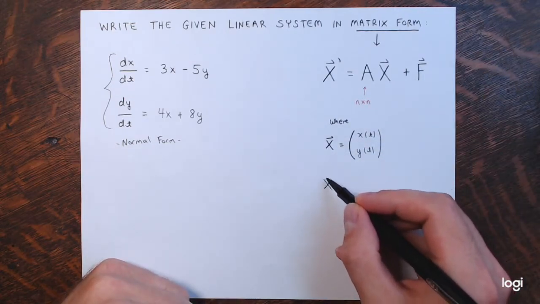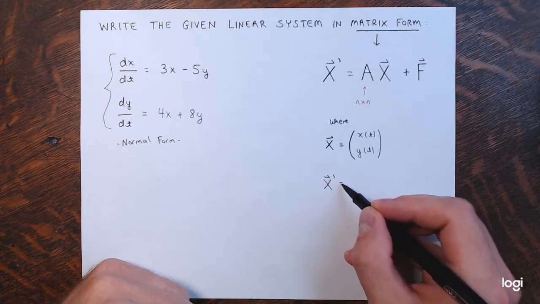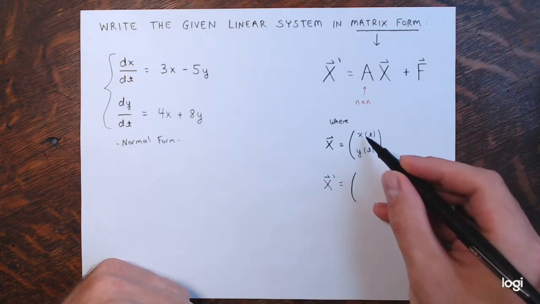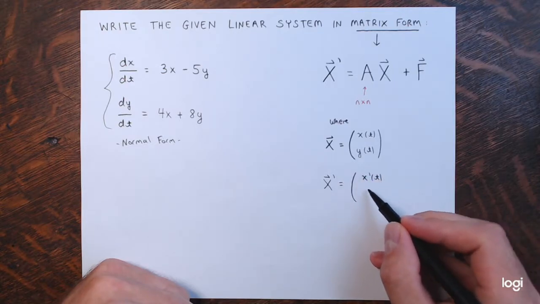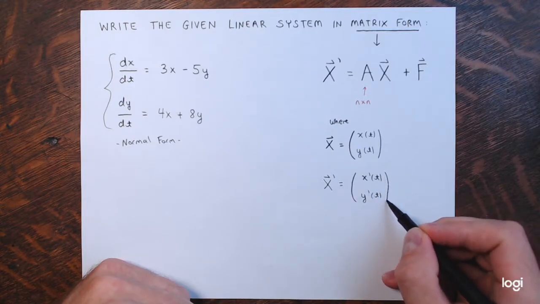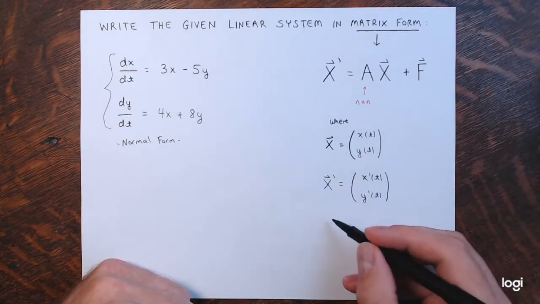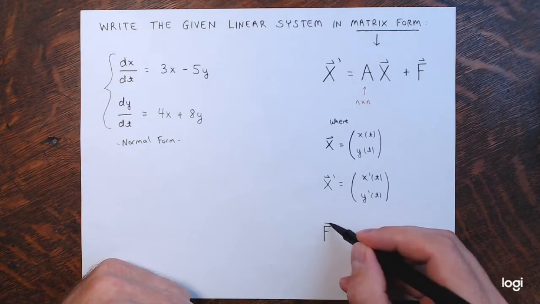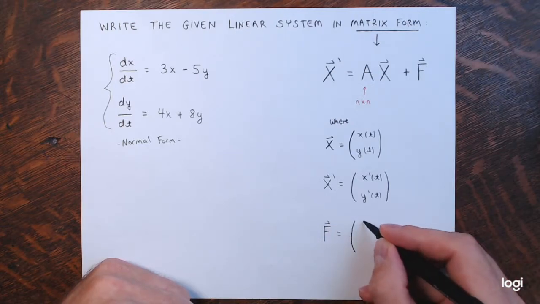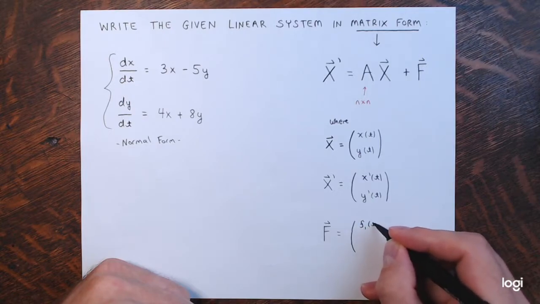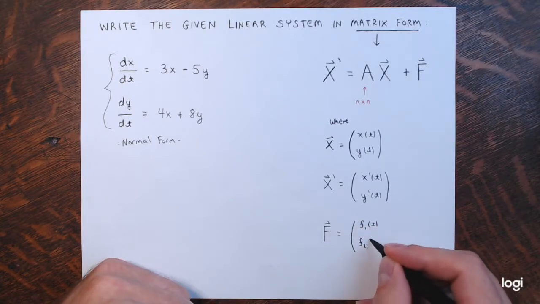This vector x prime is simply made up of the derivatives with respect to t of each of the components of x, so x prime of t, y prime of t. And this vector f is just made up of functions of t, say f1 of t and f2 of t.